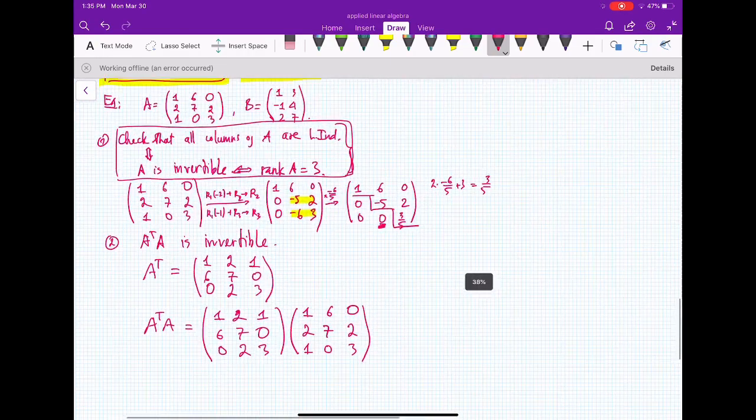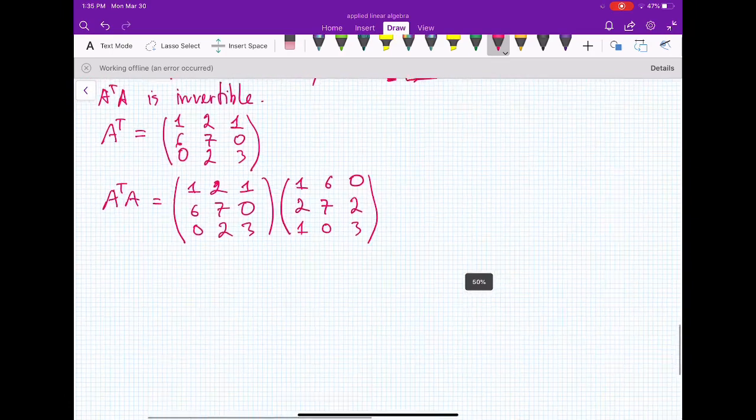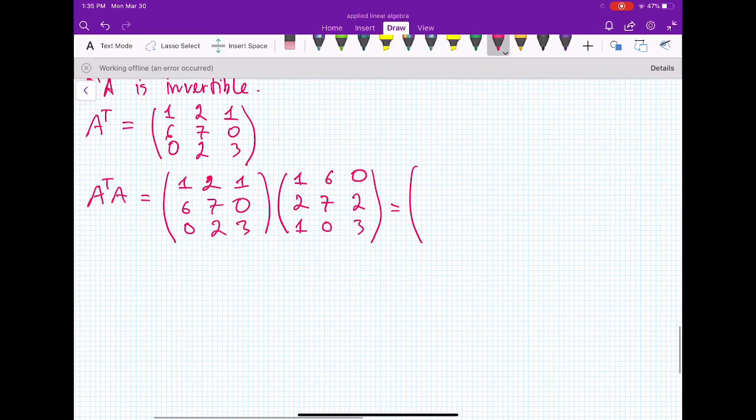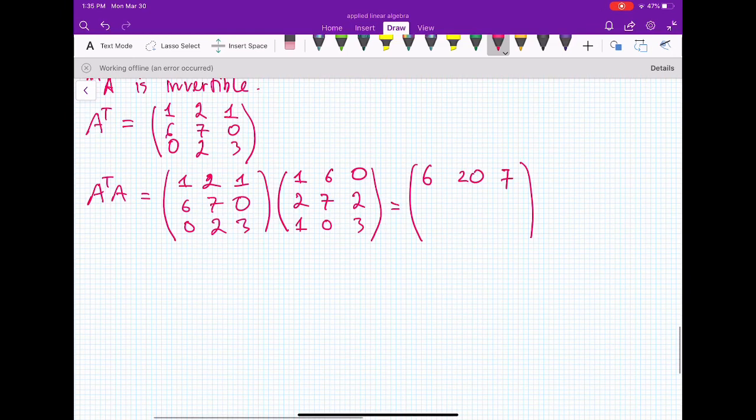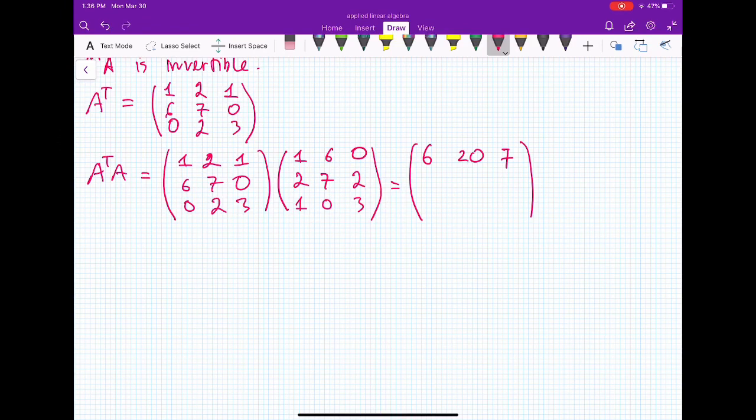Let's multiply them. Okay. We have a 3 by 3 matrix. 1, 1, 2, 2. I have 6 in here, and then 1 with 6. 6 plus 14 is 20, and then 0, 4, 3 is 7. That is the first row. Let's move to the second row. 6 with the 1 is 6, 6, 20. So I have 20 in here, of course, and then I have 7 in here because the matrix is symmetric.